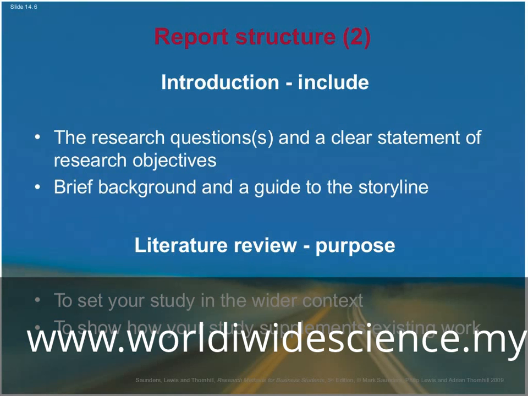Then you go to the literature review part, whose purpose is to set your study in the wider context to show how it supplements existing work. It shows what has been done before and how you want to use previous knowledge, information, and theory.